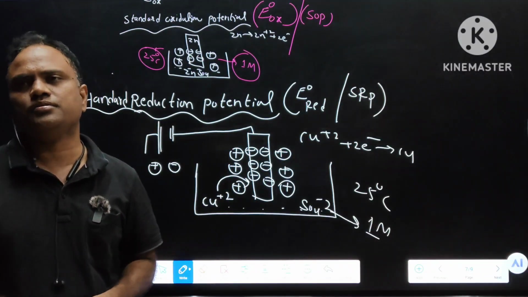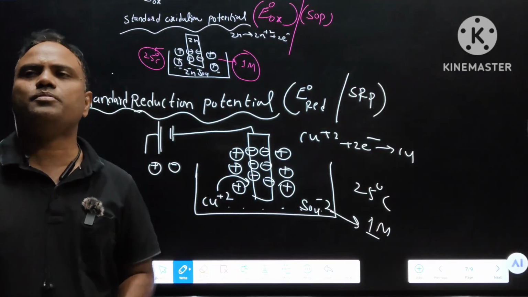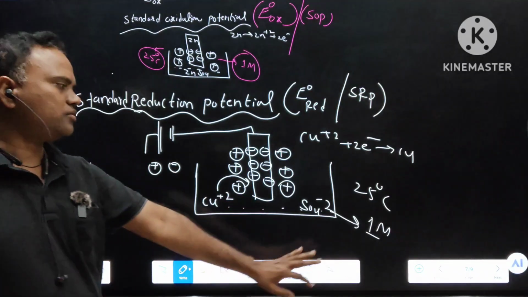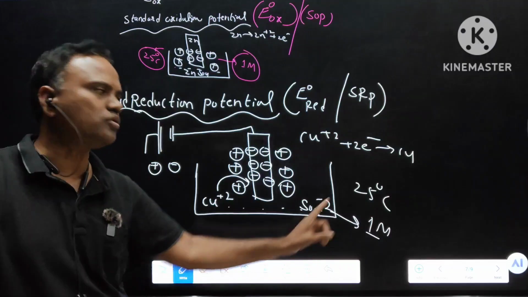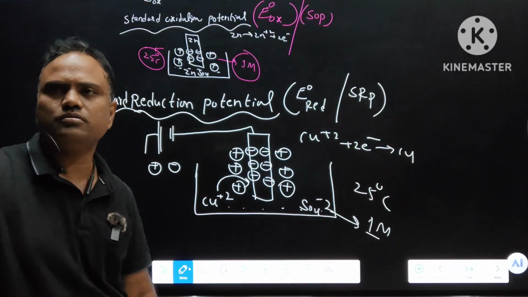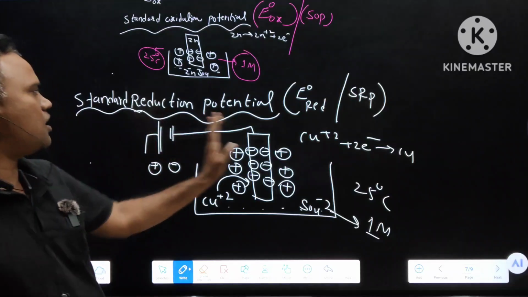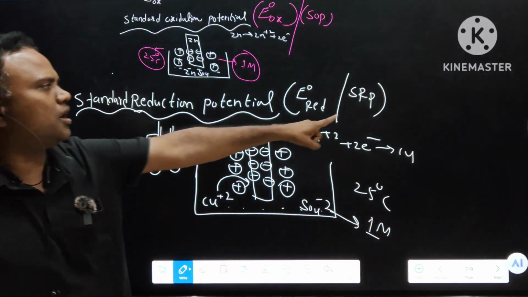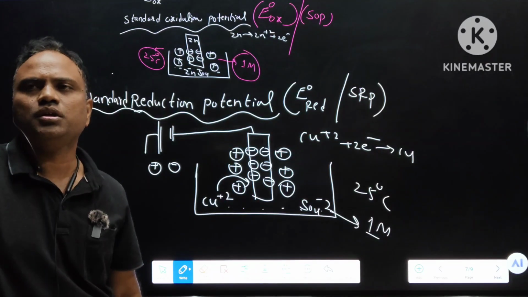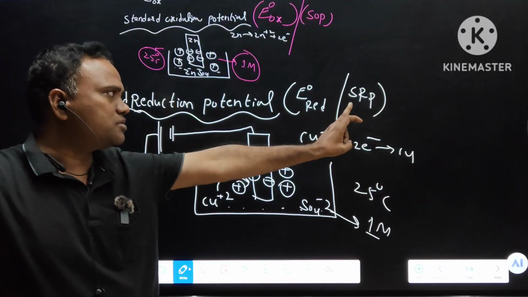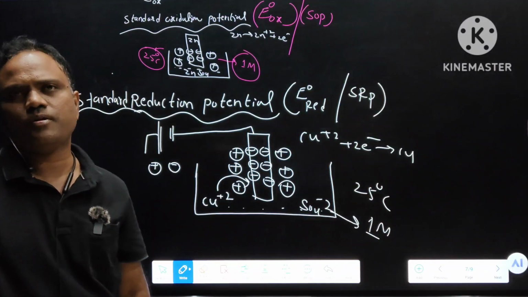So the reduction potential developed at standard conditions, with 1 molar electrolytic concentration and 25 degrees cell temperature, is called standard reduction potential, E naught RED or SRP. SRP, standard reduction potential values.